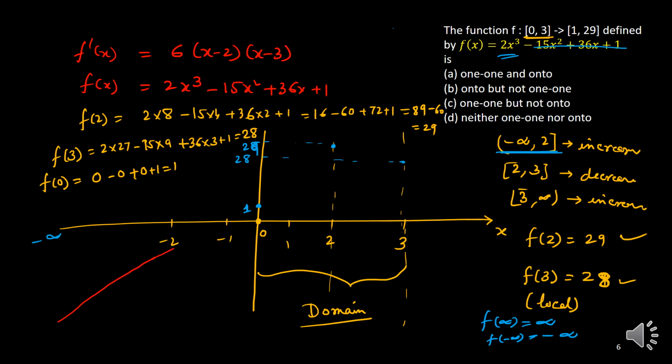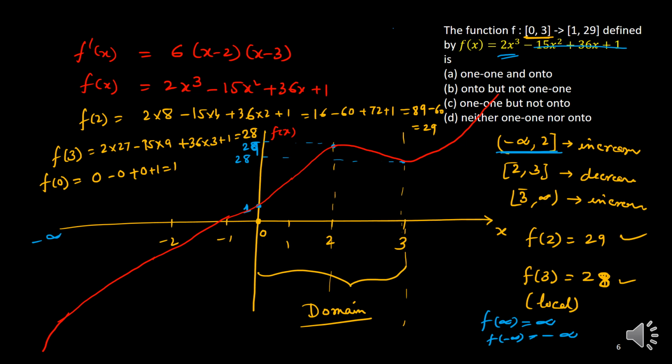Here it is continuously increasing till this point, then it will decrease up to this, and then the function is again increasing, going towards infinity. So this is the rough shape of this function f of x.